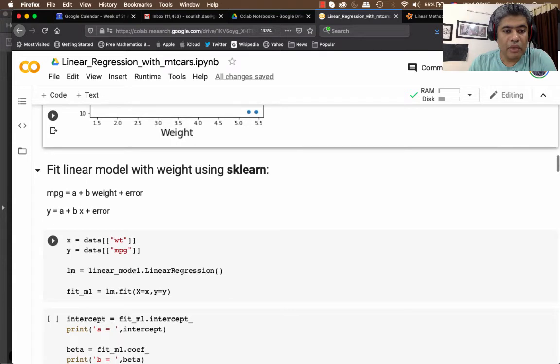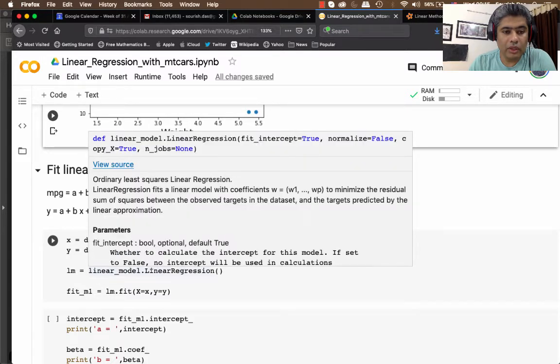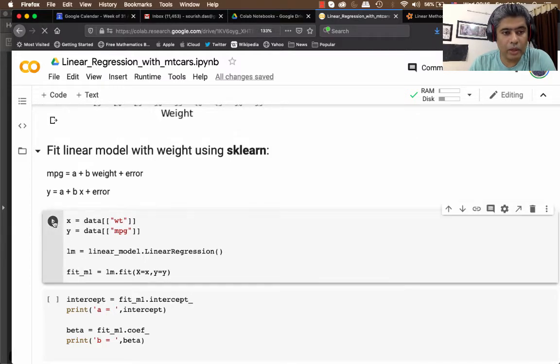From the linear model module of the sklearn package, we are going to call LinearRegression, a built-in function. We define it as lm, and then we fit the model with lm.fit and name it fit_m1.